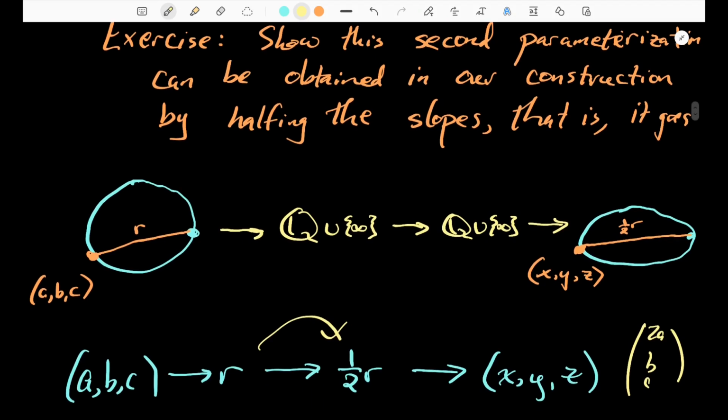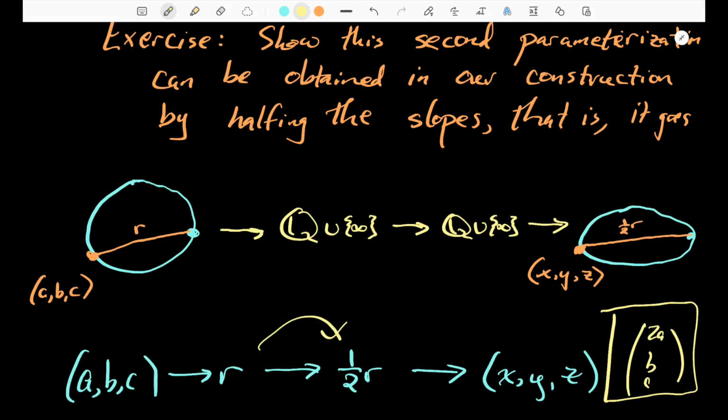So for a Pythagorean triple, we write down the slope from it to the base point, then we divide that slope in half, and then we draw the line with half slope, and wherever that intersects, that's going to be our new point. So check that if you put all that together, you get this 2a, b, and c parameterization of the ellipse.